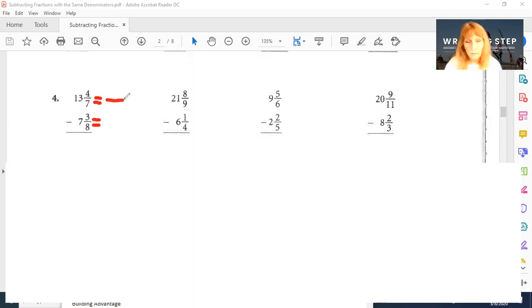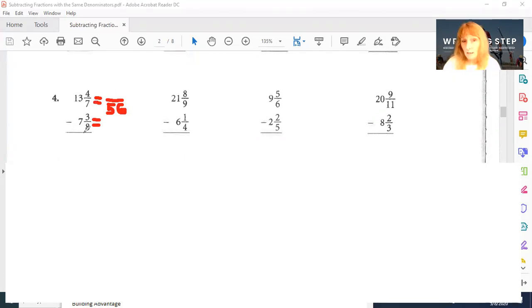Well, I know that 7's not going to divide into 8 evenly, 8's not going to work with 7. So the least common denominator that I can come up with in this case is 7 times 8, or 56. 7 is one of those prime numbers that not a lot works with. Okay, so 7 into 56, how many 7s? 7 times what gives me 56?